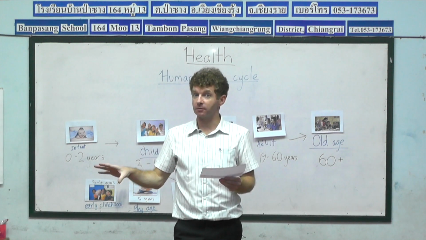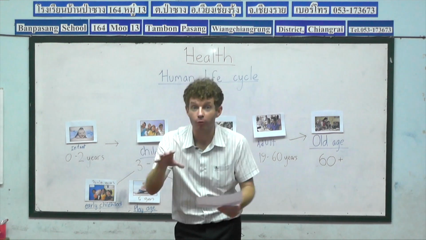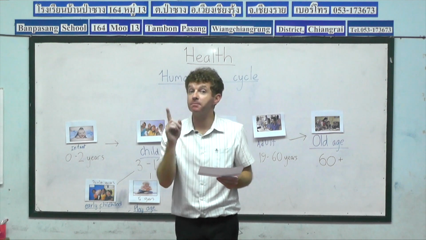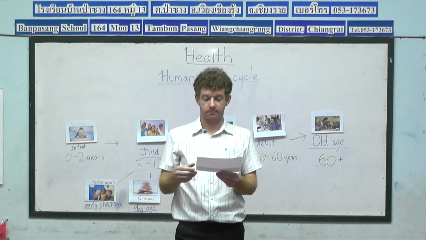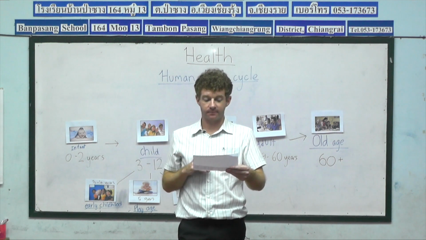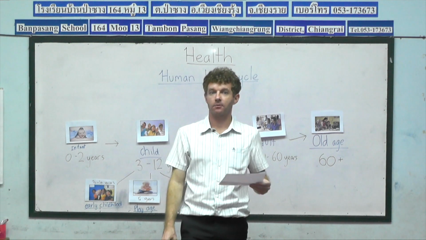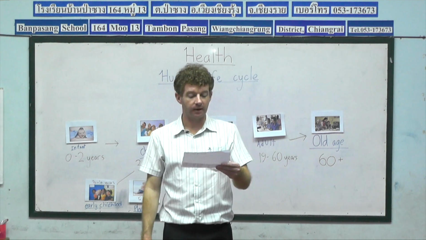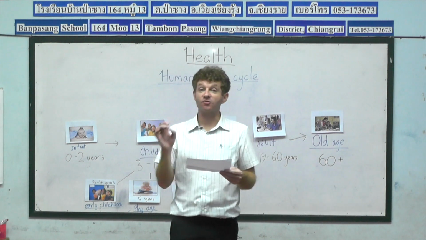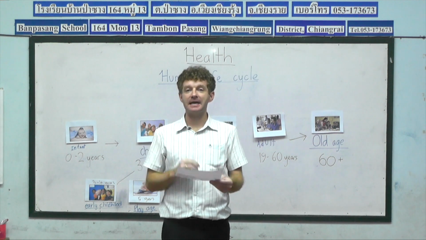After a few months, the baby learns how to crawl. And then becomes a toddler. Next, the toddler grows into a child. After a few years, the child grows into a teenager.